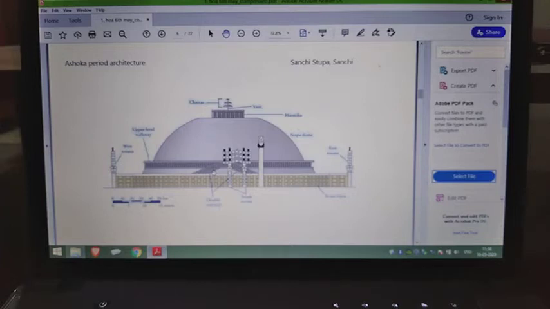Circumambulation means there are 2 walkways along the edge, going totally around the edge in a circular fashion, and the entrance of this is called the Torana. There are 4 of these along the cardinal directions. So 4 gateways called Torana. Okay? At the top is a small railing which is called Harmika, and at the center is an umbrella-like structure called a Chhatri or Chhatra. Okay?